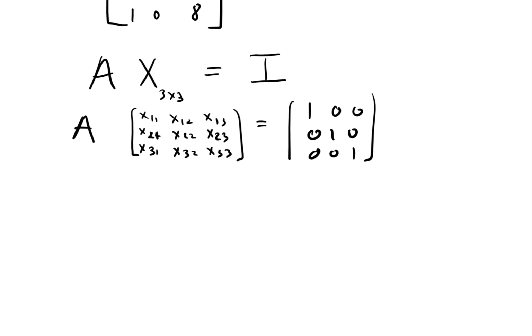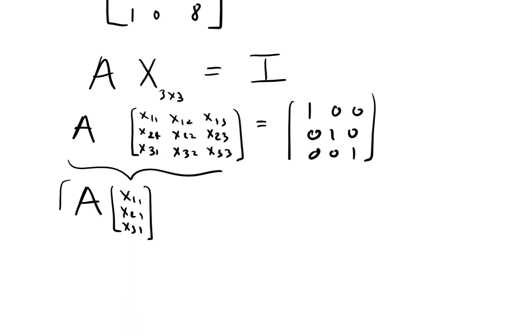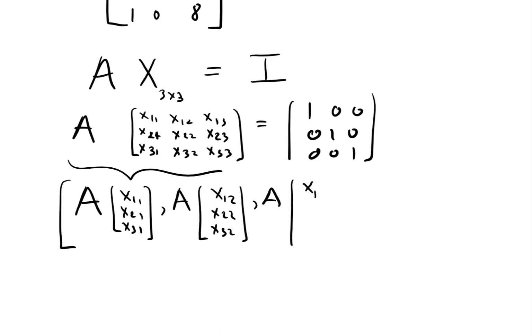Okay, so the way I'm going to solve this is, this matrix multiplication can be done by doing A times the first column of X. That's going to give me the first column of the product of A with X. Then A times the second column gives me the second column of AX, and A times the third column gives me the third column of AX, and that's equal to I again.